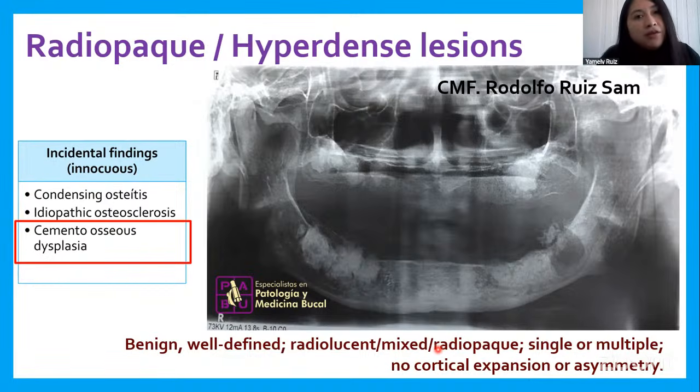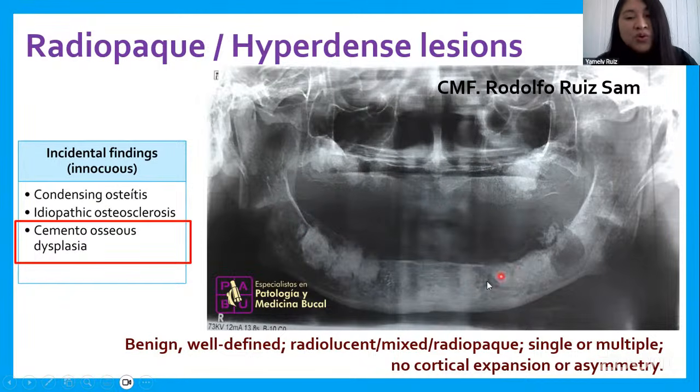The other important thing is that you can find a single lesion in the patient, or it could have a multiple presentation. As you see in this panoramic radiography, you can observe 1, 2, 3, 4, 5, 6 radiopaque entities.